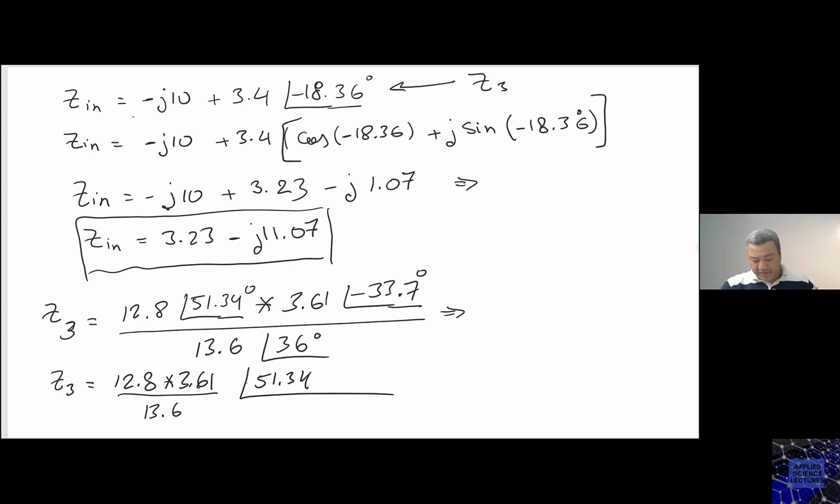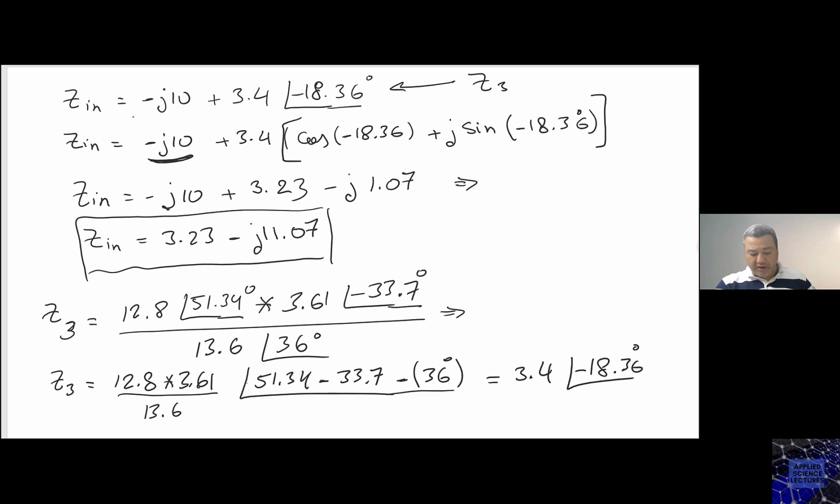We added, so minus 33.7, and then we subtracted minus 36 degrees, there where we got Z3 to be 3.4 minus 18.36 degrees, right? And then we had that Z3 in series with minus J10.